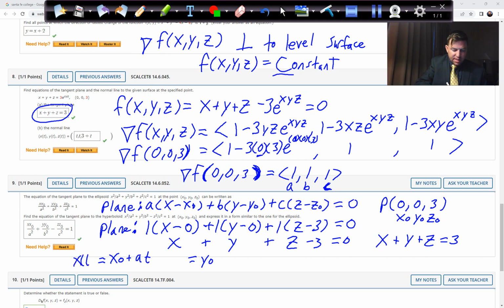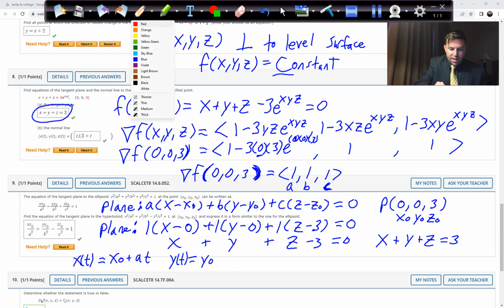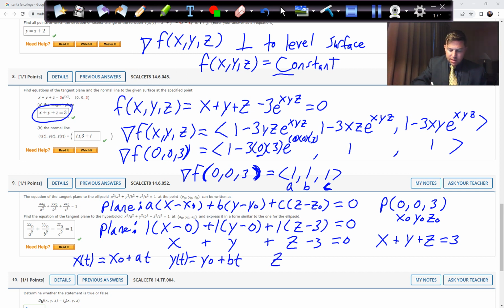This is x of t. This is y of t. Z of, oops, I didn't finish that one. y of t is y0 plus bt, and z of t is z0 plus ct.